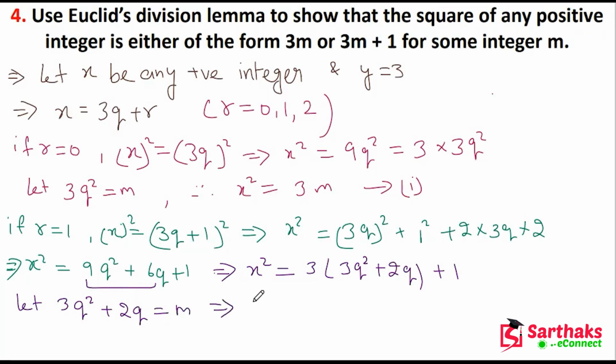Now we put this in the equation. We get x square equals 3m plus 1. This is our second equation.